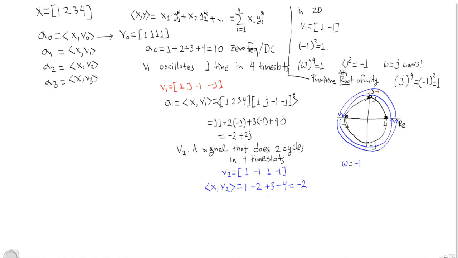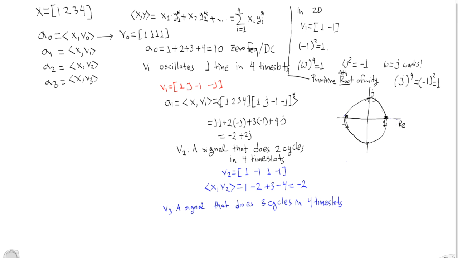So this is how much your signal contains the second harmonic, the signal that does 2 cycles in 4 time slots. That's great. So the next question is, what is V3? V3 is a signal that does 3 cycles in 4 time slots.